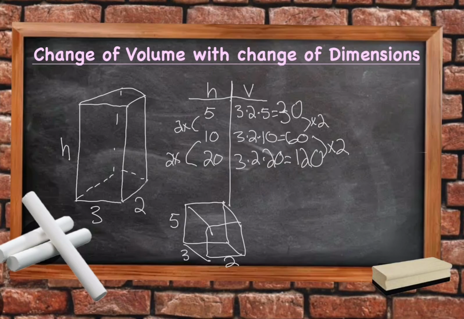Okay? So now, instead of doubling only the height of 5, let's double both 5 and 3, which would basically be, so let's do that first. Let me draw this really quickly.